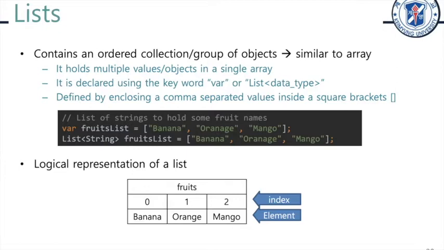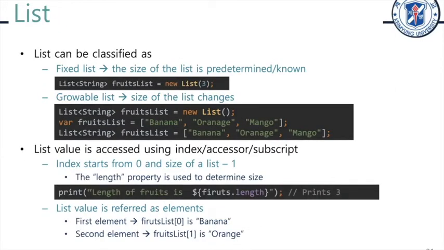And to access an element of a list, you use the index. So if you want to access banana, you say list fruit and in bracket 0, which we'll see a little bit later on in this slide.